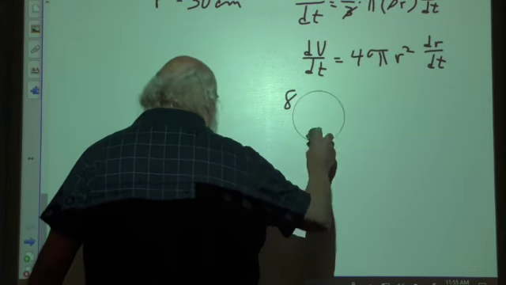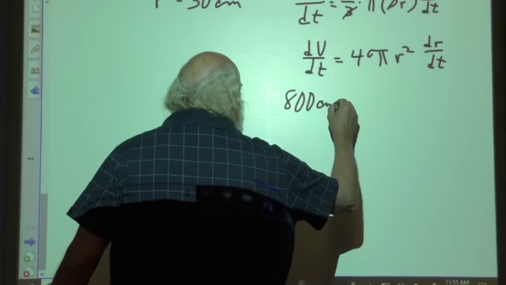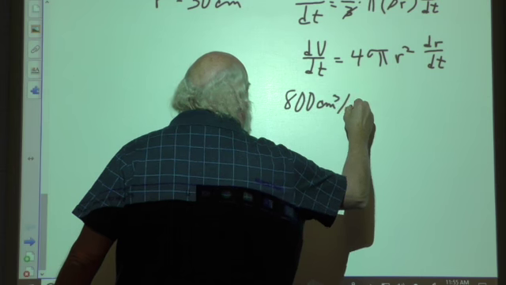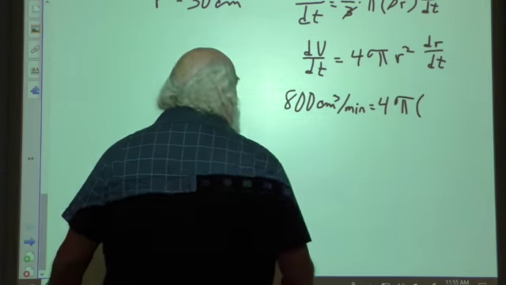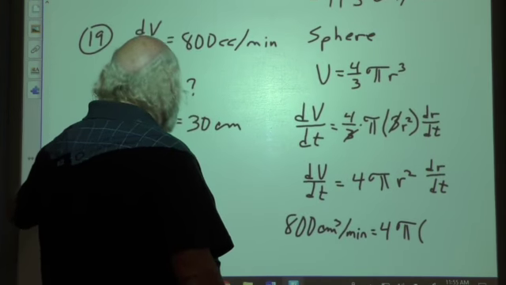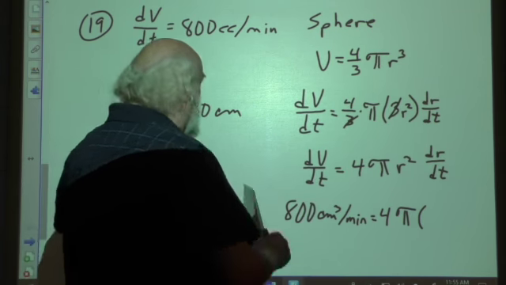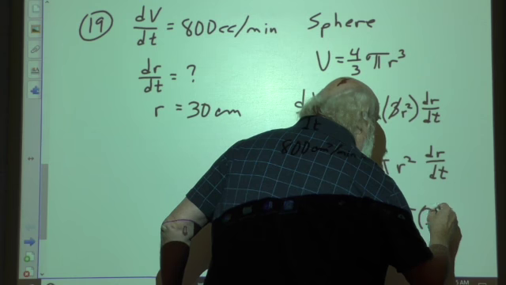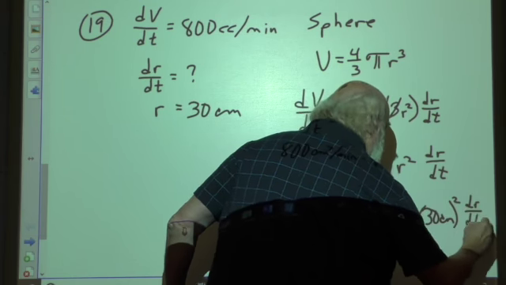Right, 800 cubic centimeters per minute equals 4 pi times, and that's the r squared, 30 centimeters squared. And then we're trying to find dr/dt.